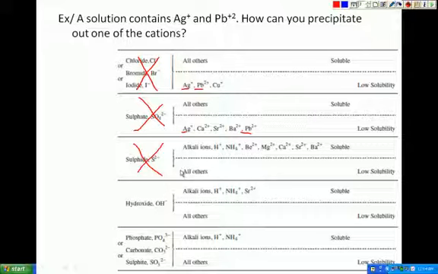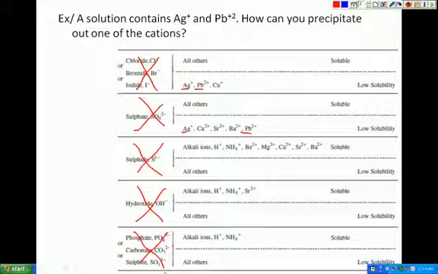Our next one right here, hydroxide: again, silver's not up here, nor is lead up here, so both are going to precipitate out, and this one doesn't help us. Again, silver and lead are not up here, so they're both going to precipitate out. So this one is not going to help us.